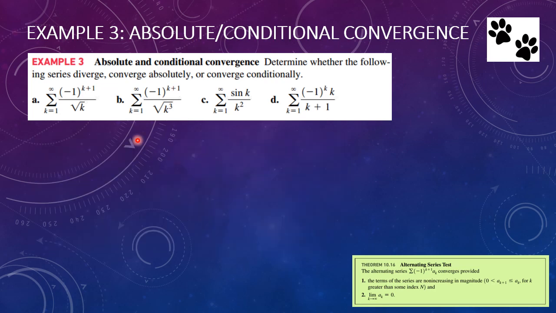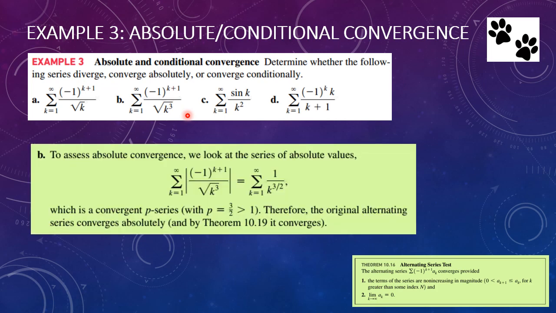So now let's look at part B. The alternating series of 1 over the square root of k cubed. Again, to assess the absolute convergence, we look at the series of the absolute values. When we apply the absolute value here, we get 1 over k to the 3/2.